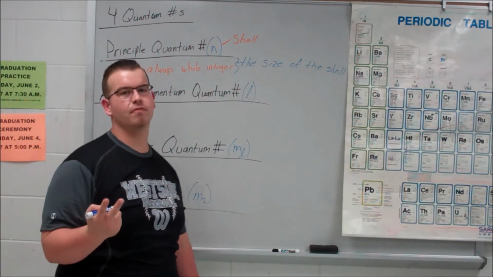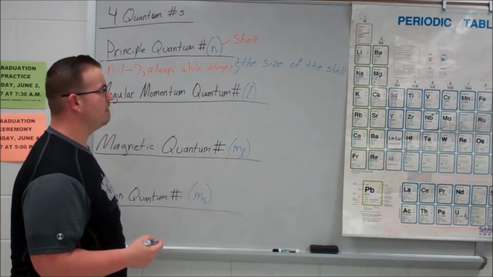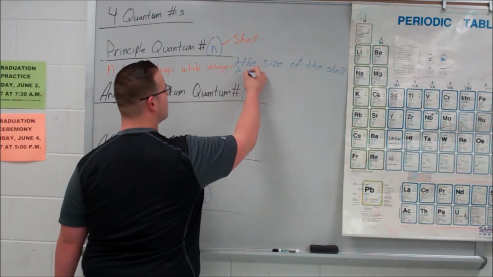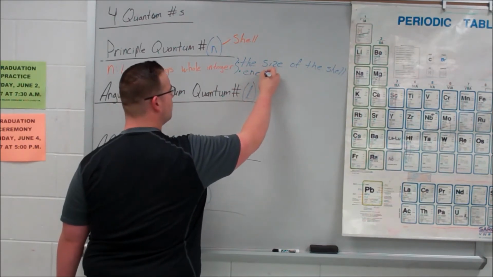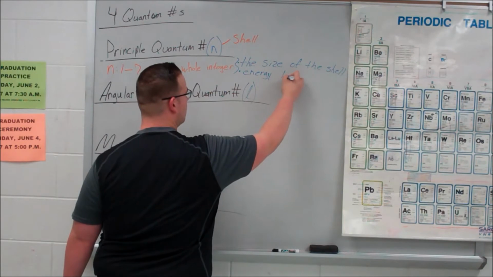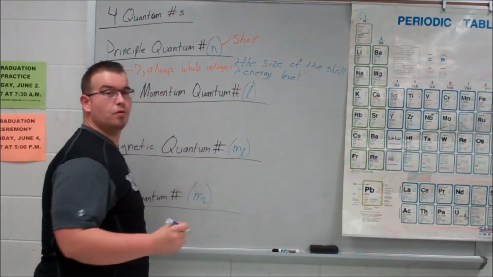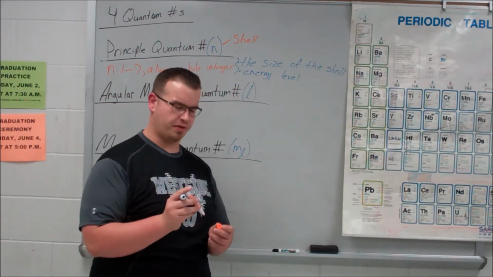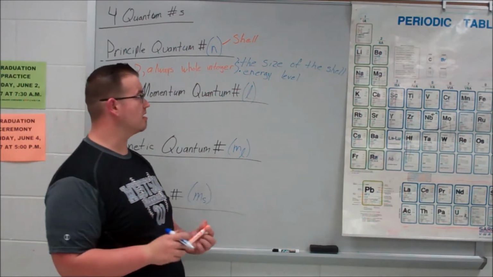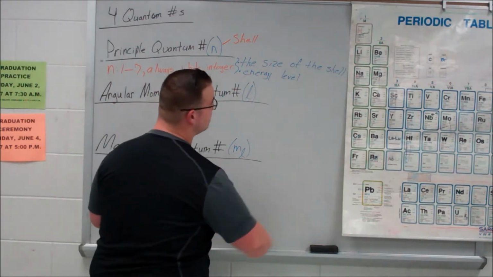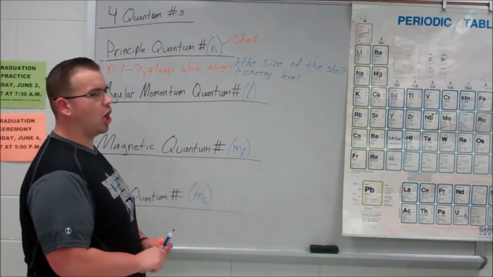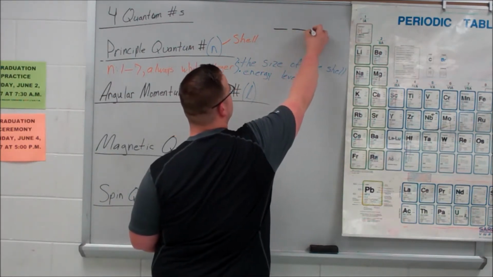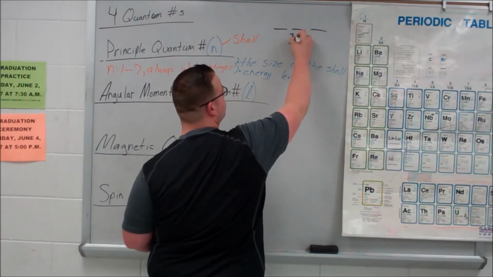The second piece of information that this will give you is your energy level. Remember all those configurations we did, the orbital notation, electron configuration, all those, that's what this is talking about. So what I'm saying is you look and say, Mr. Hall, why do we care that we got 3 orientations and it's a 3p?